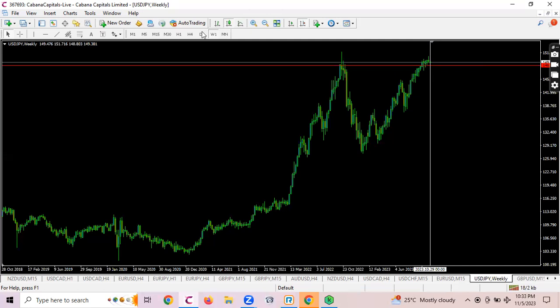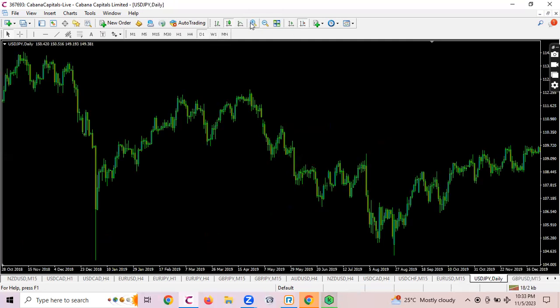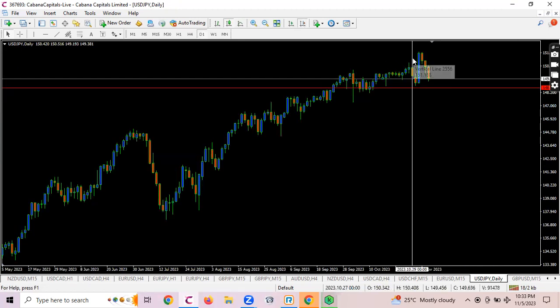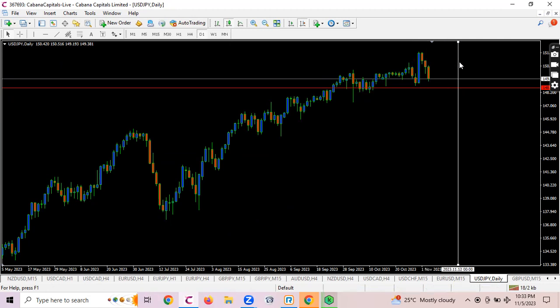So let's go down to daily. What do we have on daily? Okay, so this is what we had on daily. This indicates bearish, but remember we have this support. So when price gets to the support, like I said, this is the support on daily.